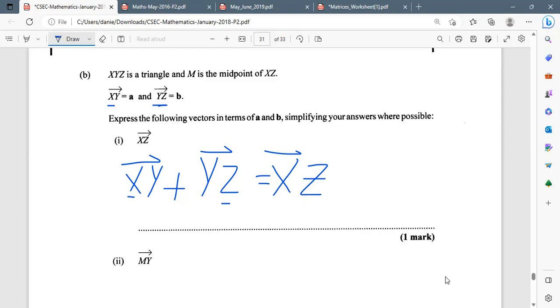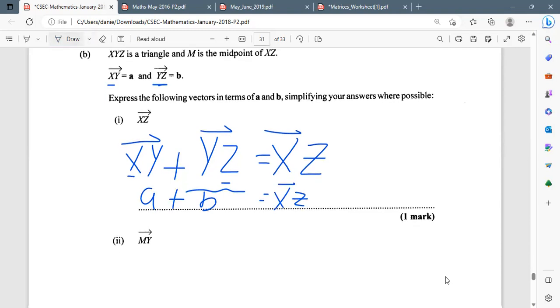What you want could also be within the equation, and you just have to rearrange the equation to solve it. So XY is A, plus YZ is B, and that is XZ. And that is it there.